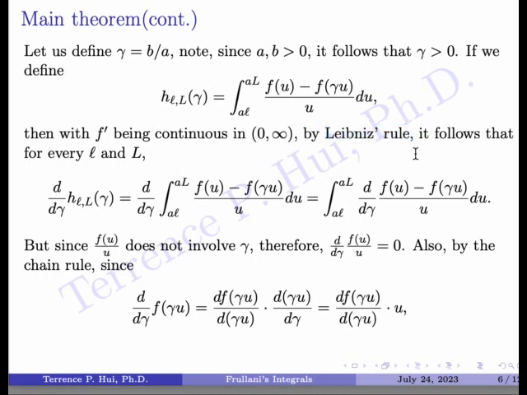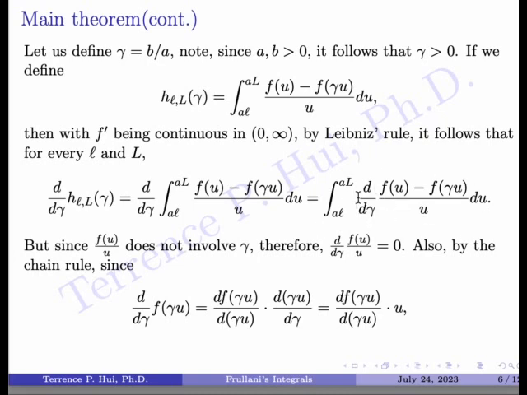I'm not going to get into Leibniz rule, so just look it up to see what it means. But the point is, Leibniz rule allows me to pass the derivative inside. In other words, change the order of operation. Instead of integrating first, then differentiate, you differentiate first, then integrate. And the requirement is f prime being continuous. In other words, as long as f prime is continuous, I can do this.